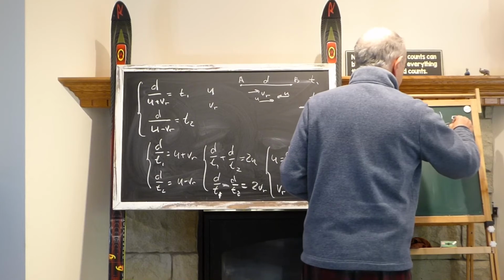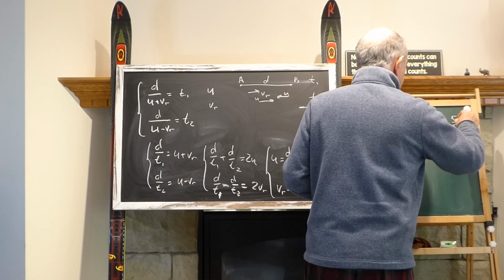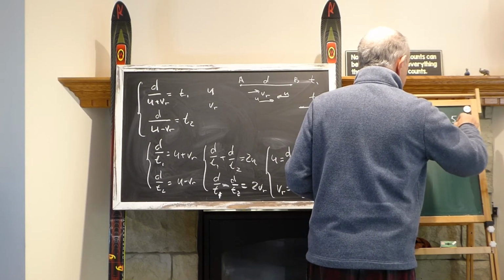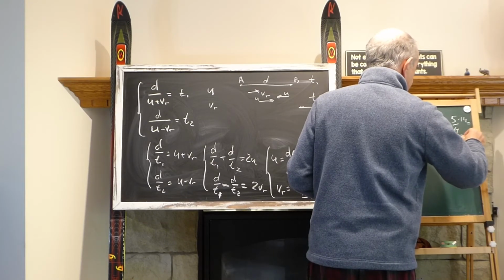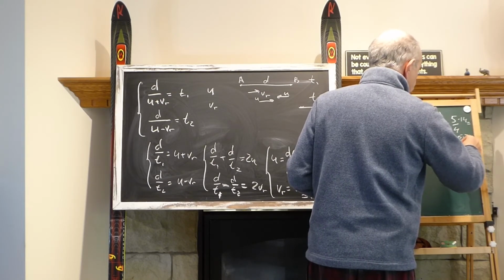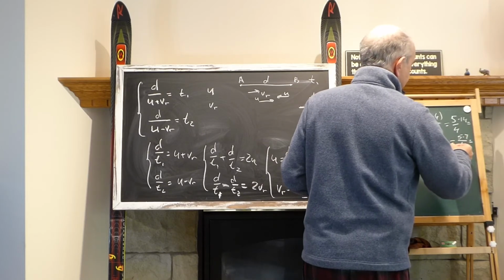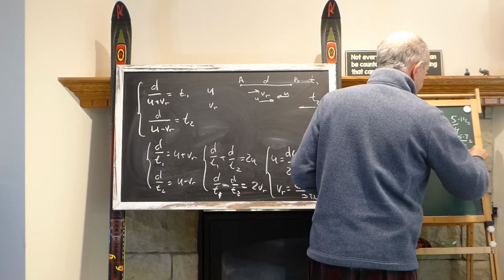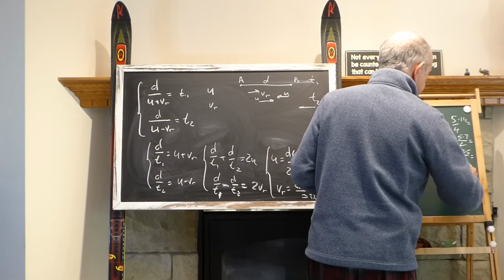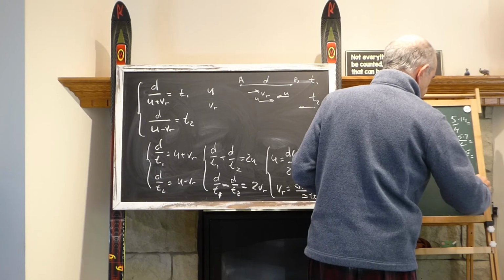So it would be 5 over 4 multiplied by 14. We can say 5 over 2 multiplied by 7. We can say 35 over 2. We can say that this is 17.5 kilometers an hour.